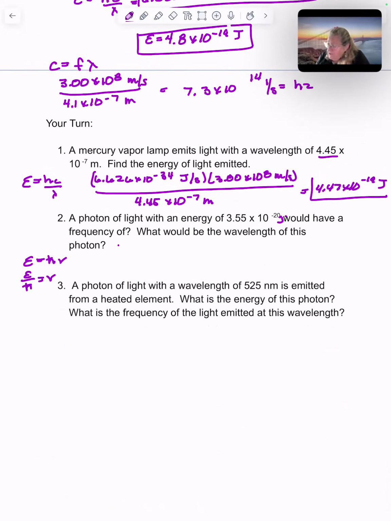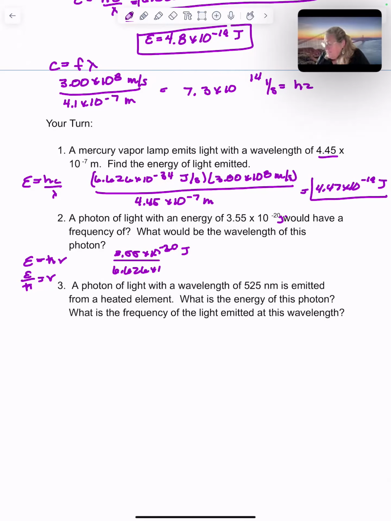So 6.626 times 10 to the negative 34 joule seconds divided, sorry, I did that backwards. Got to put our energy on top. 3.55 times 10 to the minus 20 joules, now divided by our Planck's constant, 6.626 times 10 to the negative 34 joule seconds.